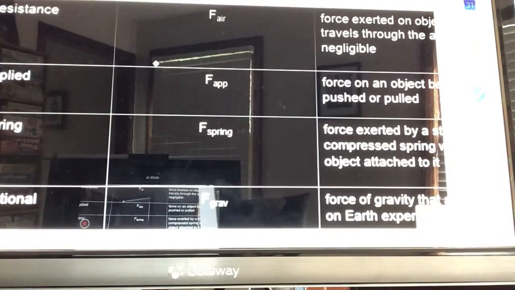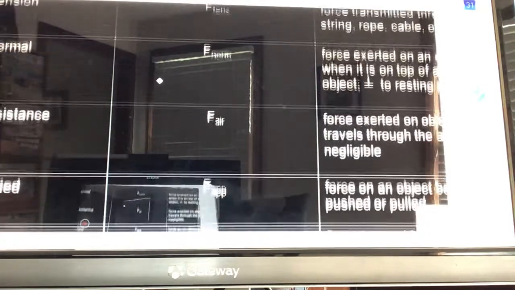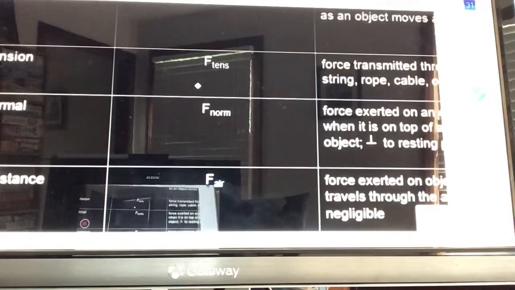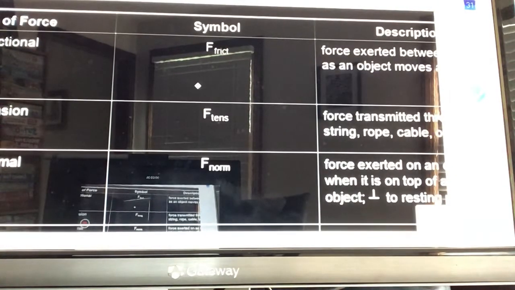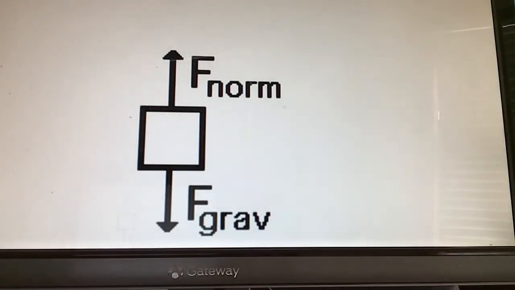Applied force, that's a push or pull. Air resistance, usually something falling through the air. The normal force, a table or something pushing up on an object. Tensional force, either a rope, a string, or a cable, suspending something. And frictional force between the ground and the object.